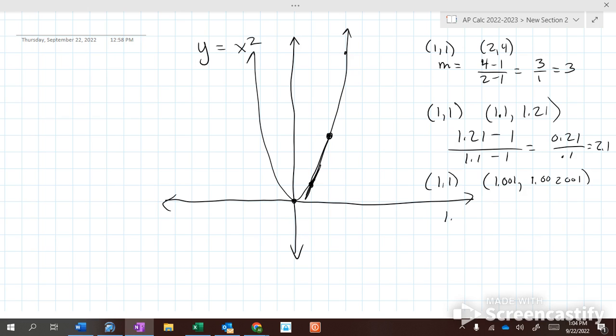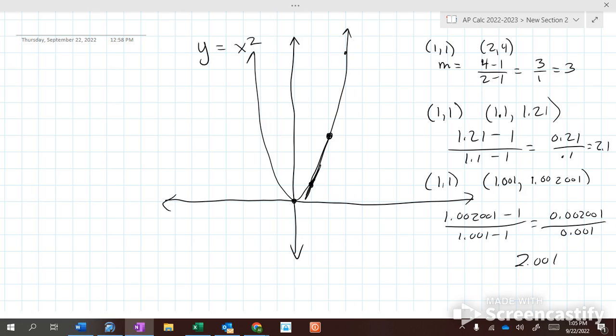So it's 1.002001 minus 1 over 1.001 minus 1, which is 0.002001 over 0.001. If we divide that, we get 2.001.